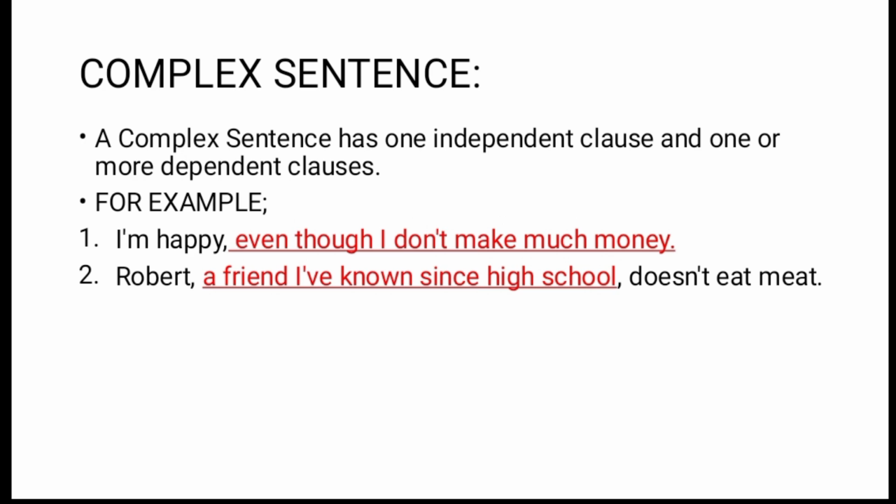Here the red highlighted clause is a dependent clause because it fully depends on the independent clause, which is "I am happy". The second example is: Robert, a friend I have known since high school, doesn't eat meat. Here the red highlighted clause is a dependent clause because it fully depends on the independent clause, which is "Robert doesn't eat meat".